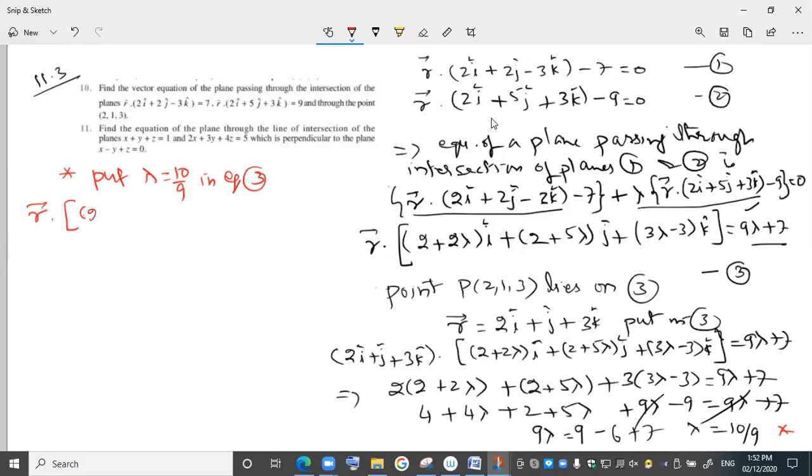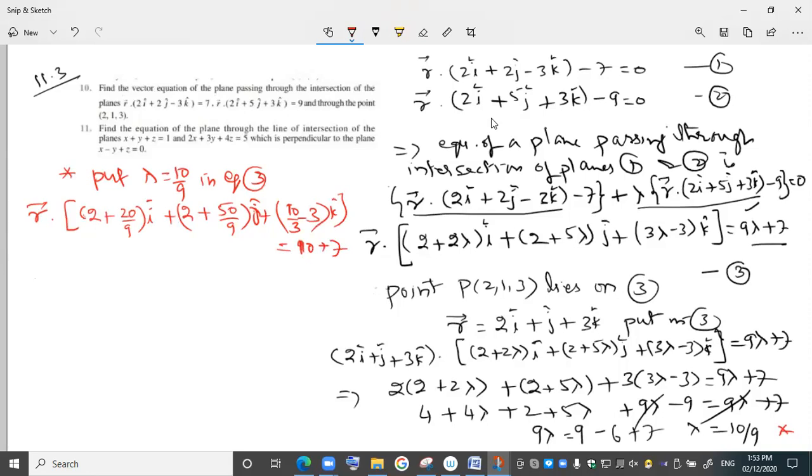So we can do 2 plus 2 lambda: 2 tens are 20 by 9 i, plus 2 plus 5 lambda: 5 tens are 50 by 9, 68 by 9 j, plus 3 lambda means 3 tens are 10 by 3, minus 3k is equal to 9 times lambda, so 10 plus 7.